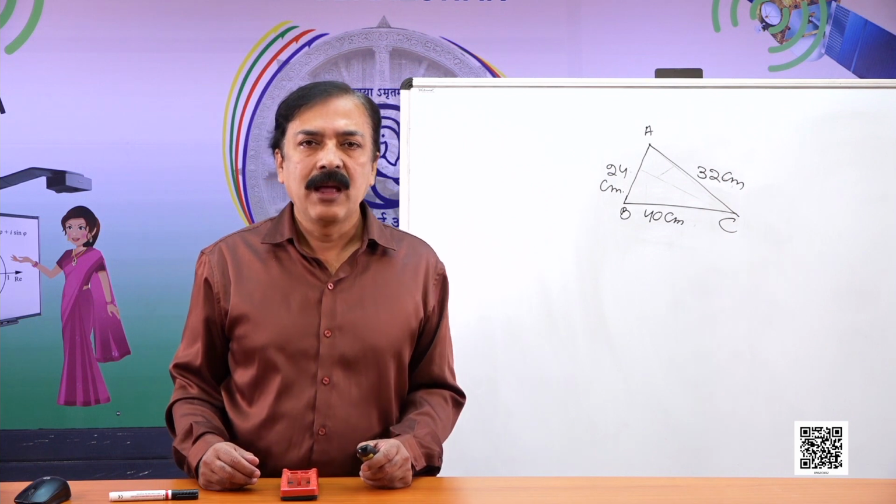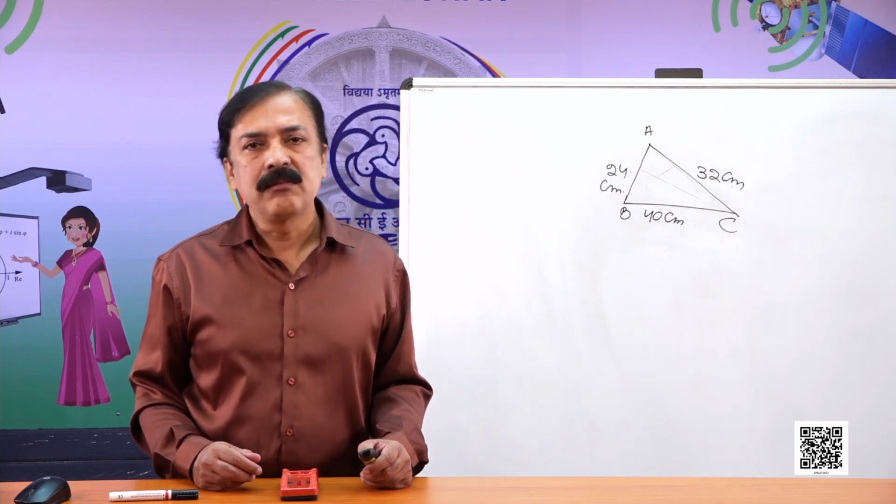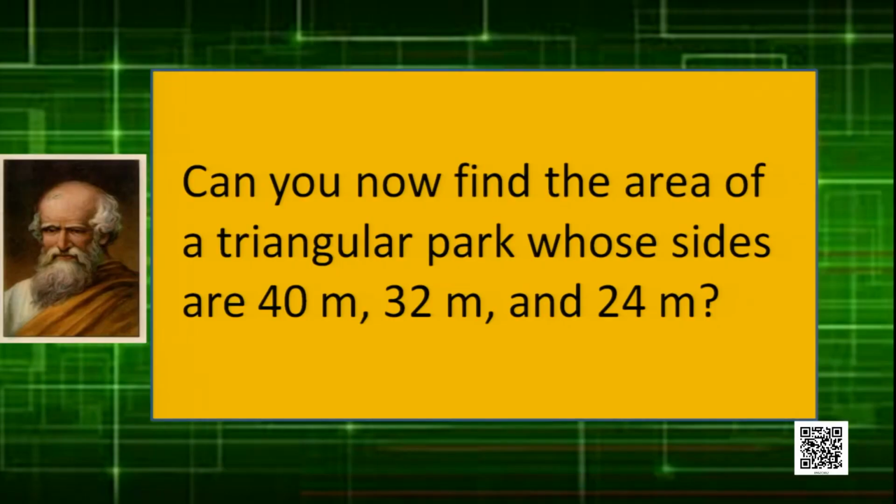Using this formula, let us try to solve these problems. After getting this formula, can you now find the area of a triangular park whose sides are 40 meter, 32 meter and 24 meter? Let us see how to do it.